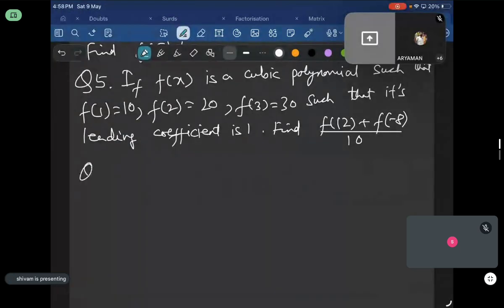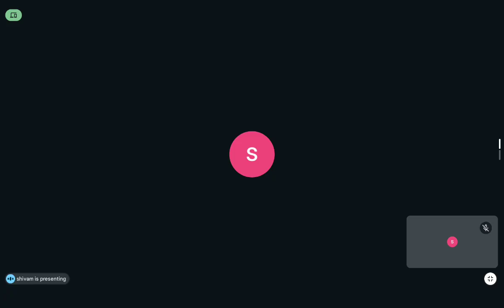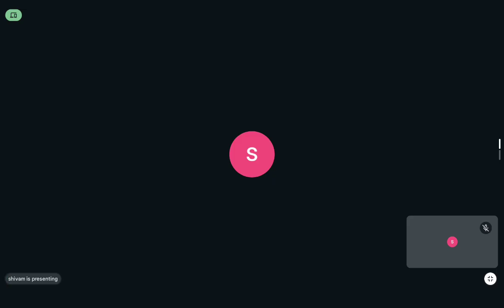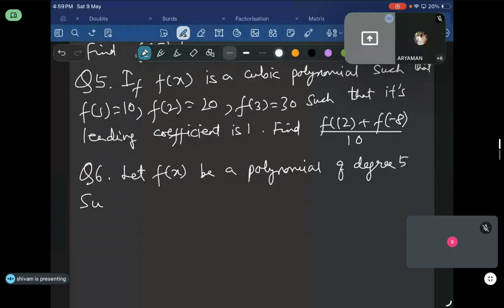Question number 6. Let f of x be a polynomial of degree 5 such that f of x equal to 1 by x for x equal to 1, 2, 3, 4, 5, 6.